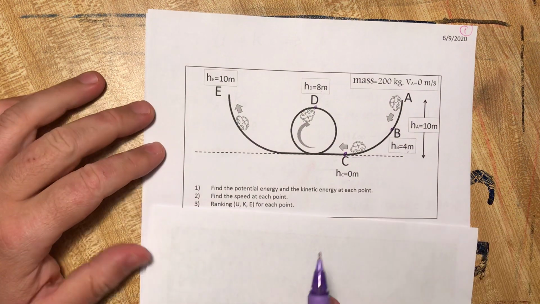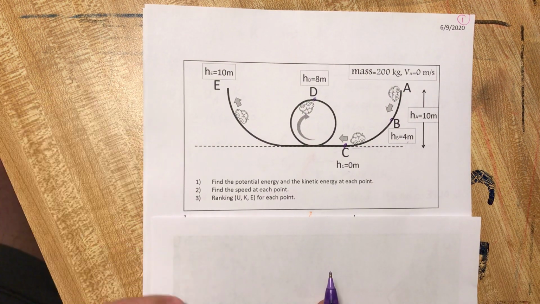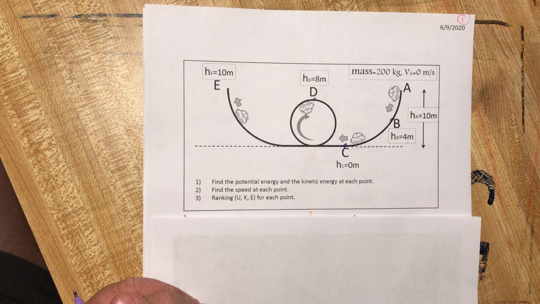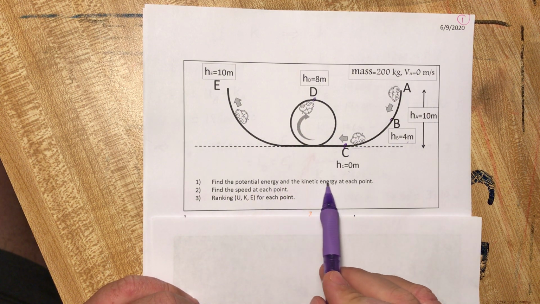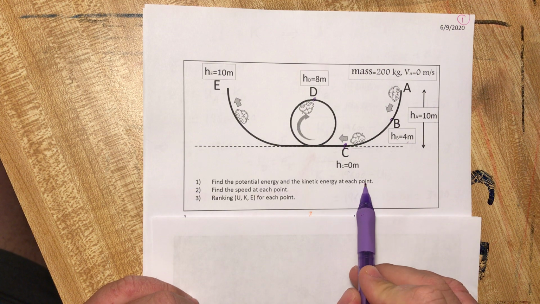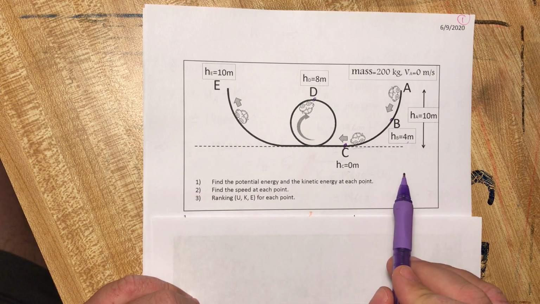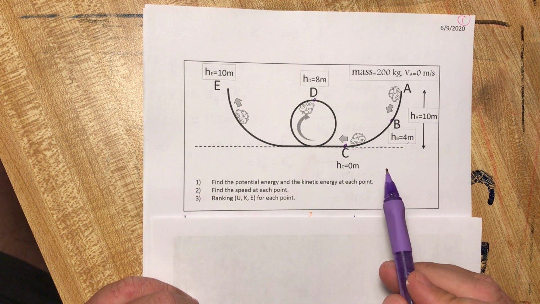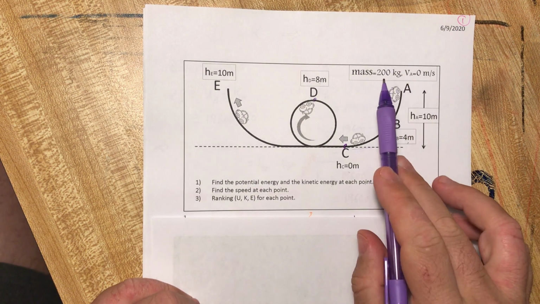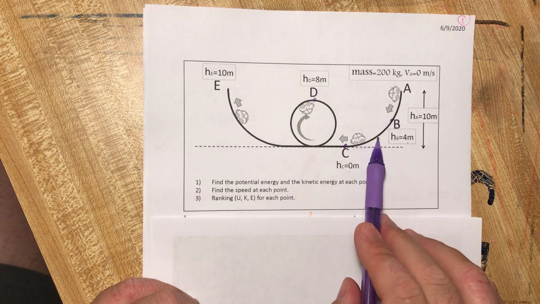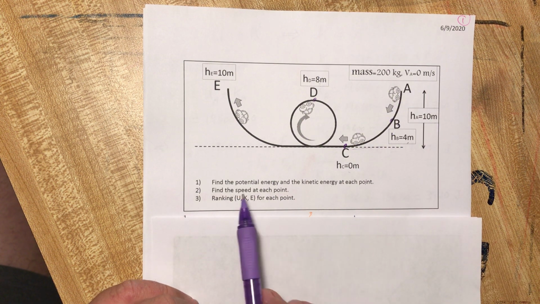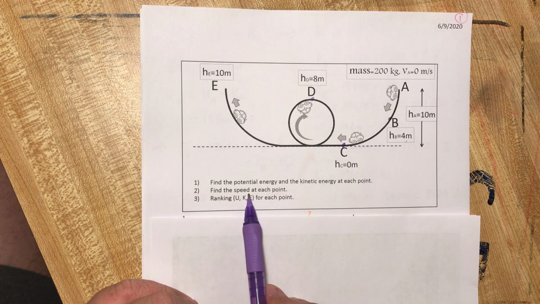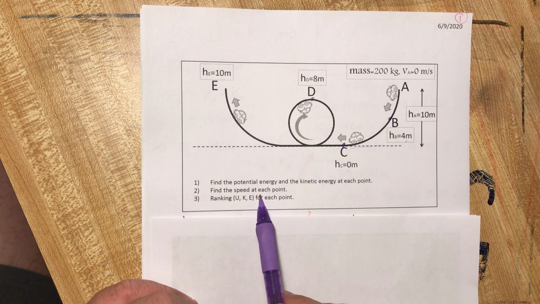Okay. What is required from this example or question? We need to find the potential energy and the kinetic energy at each point. We don't have any given, we just have the mass, the heights, and the initial velocity at A. And then we need to find the speed, not the velocity, the speed.